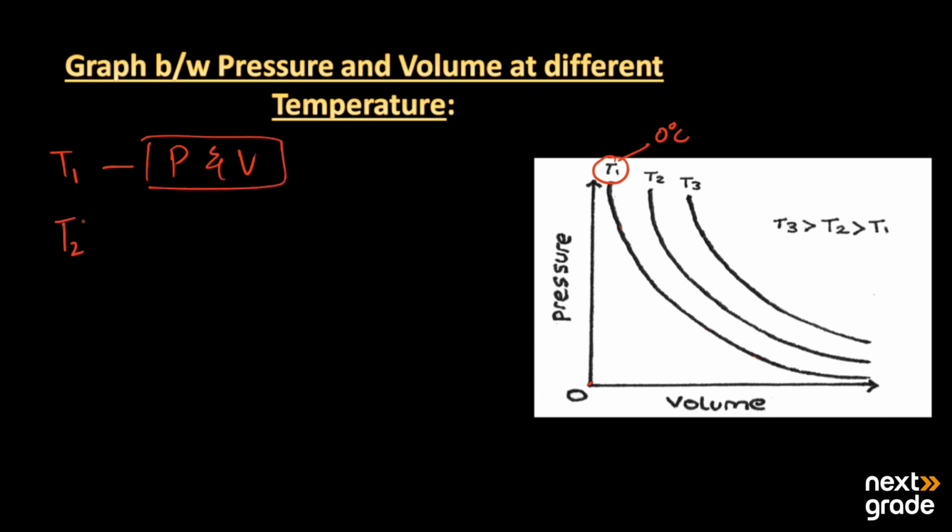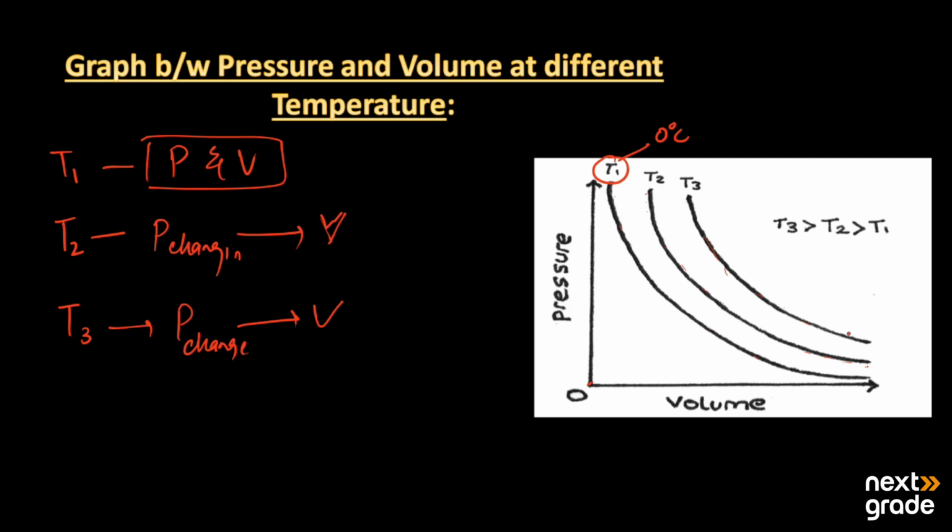When we increase the temperature from T1 to T2, keep it constant and change the pressure, it also affects the volume, and we gain the second isotherm. At the end, when the temperature is T3 and we change the pressure, it also changes the volume, which is denoted by T3.